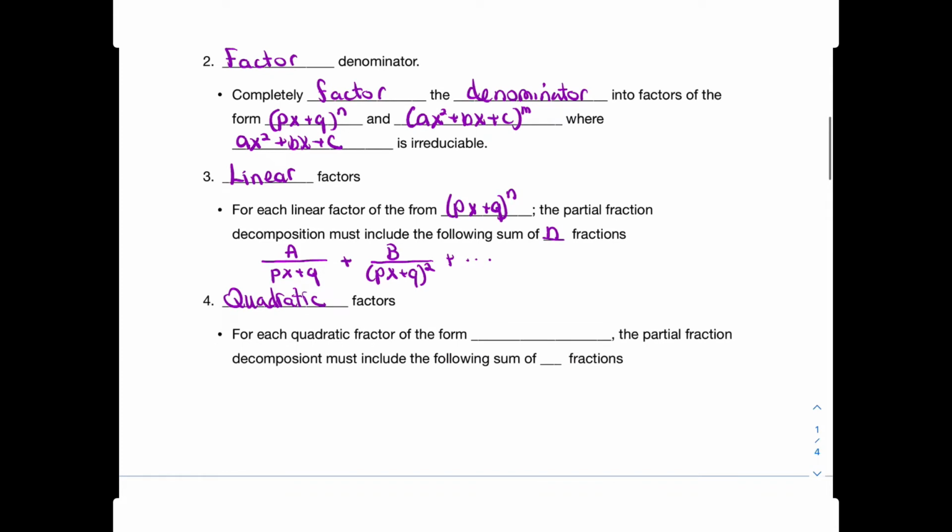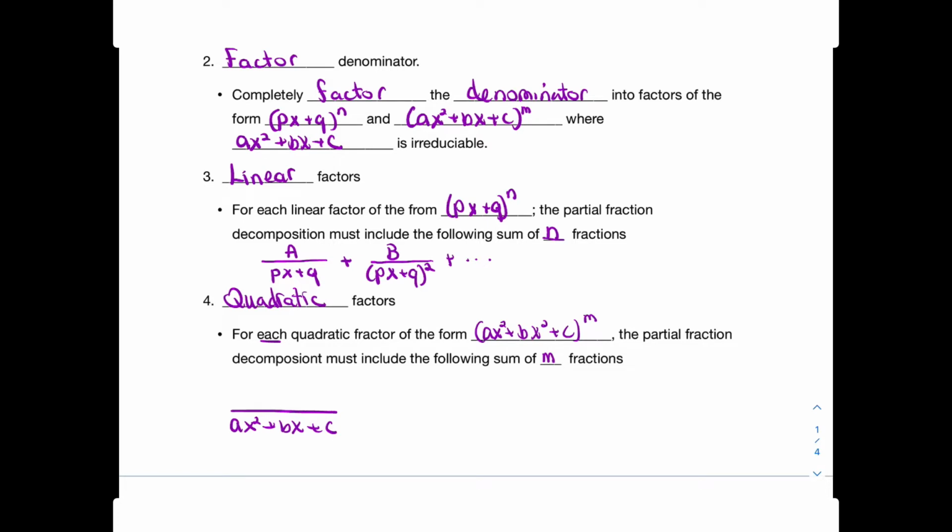For quadratic factors, for each quadratic factor of the form ax squared plus bx plus c, the partial fraction decomposition must include the sum of m fractions. So we have as many fractions as we have factors. That's key to remember. But this time, because my denominator is quadratic, my numerator is going to be linear.